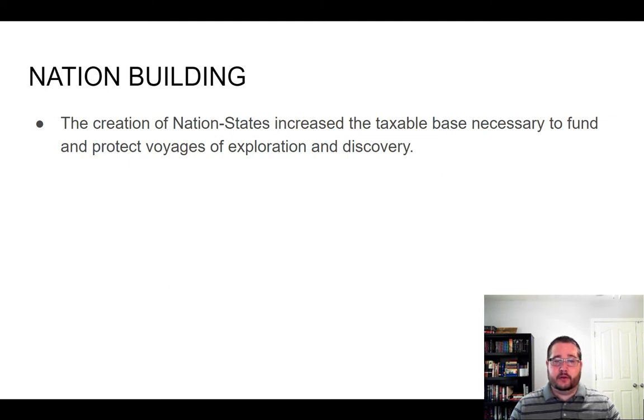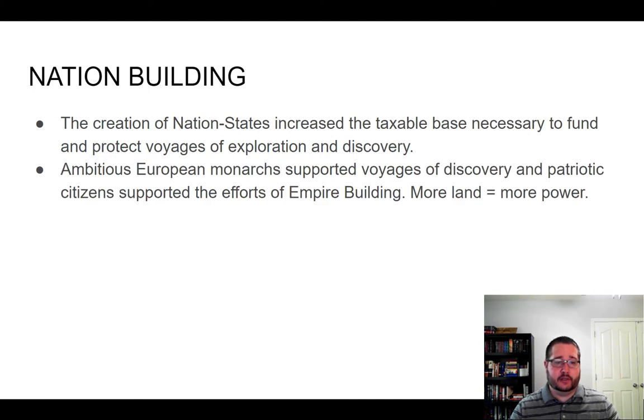And they're expanding their territory to the size that it is a full-blown nation. It's no longer just a small city-state. This king is ruling over multiple cities, and they have enough wealth available and enough of a tax base in order to fund voyages of exploration and discovery.